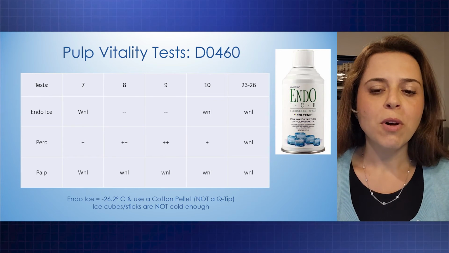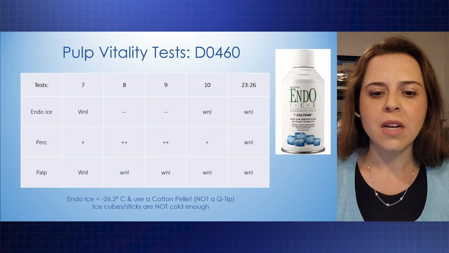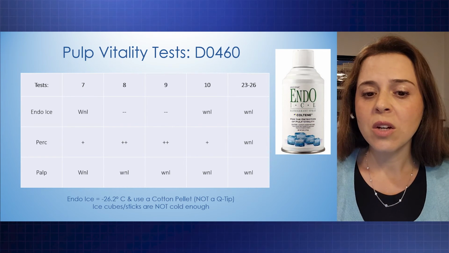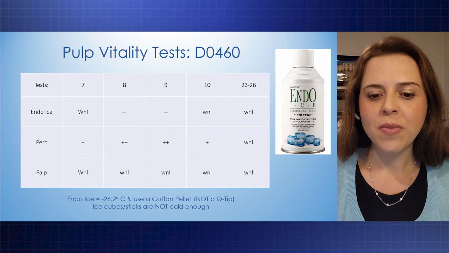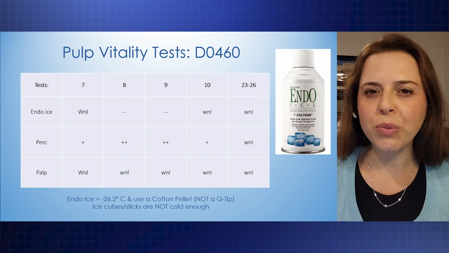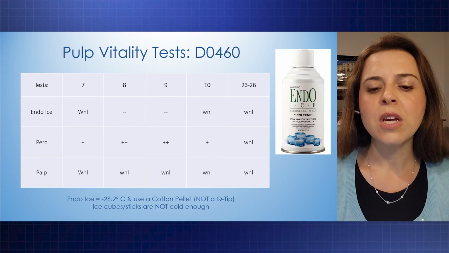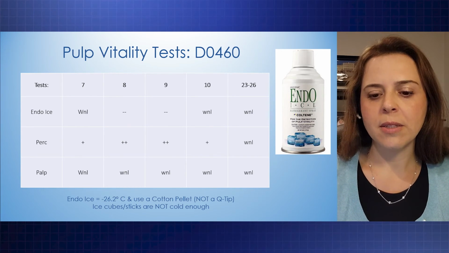To review, pulp vitality testing is super important. We need to test with endo ice and percussion, and usually palpation. Those are the 3 baseline exams of pulp vitality testing that I like to do in trauma cases.